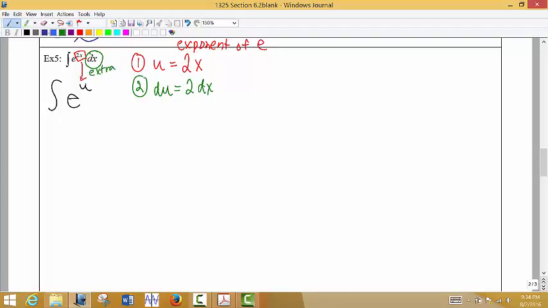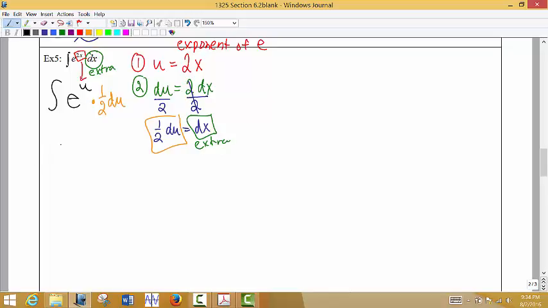And the answer is no. But it looks really close, doesn't it? So how do I get rid of the 2? Well, I'm going to divide both sides by 2, and that gives me 1/2 du is equal to dx. So here's the extra stuff that I have floating around in terms of x, and I'm going to replace that with 1/2 du.